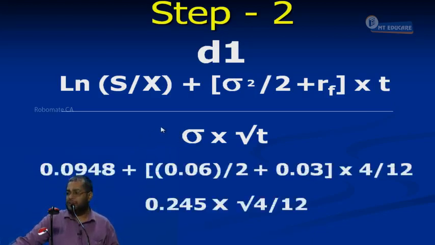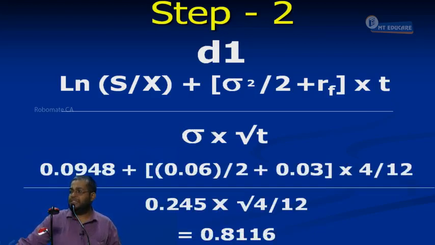Okay, let us substitute the numbers. 0.0948, the first step gave you this 0.0948, plus sigma squared, given straight away as variance. What is variance? 0.06 by 2, plus what is the risk-free interest rate? 0.03. 0.06 by 2 plus 0.03 into T, which should always be expressed in what?